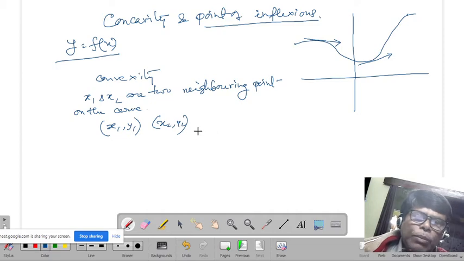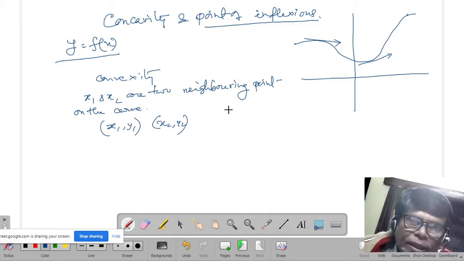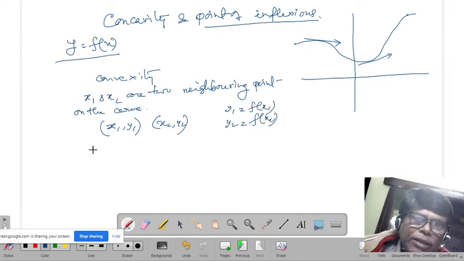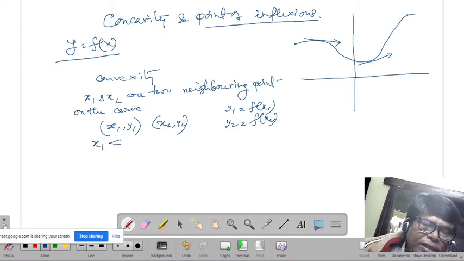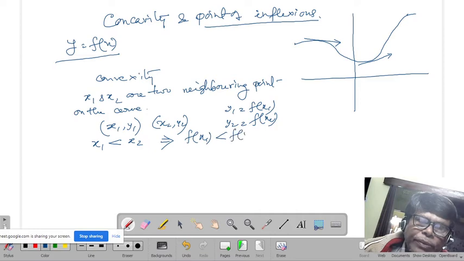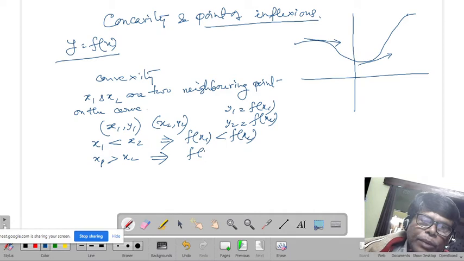Now suppose y1 is equal to f(x1) and y2 is equal to f(x2). Suppose x1 is less than x2. If this implies that f(x1) is also less than f(x2), or the opposite one, x1 is greater than x2 implies f(x1) is greater than f(x2).